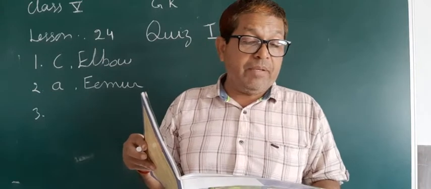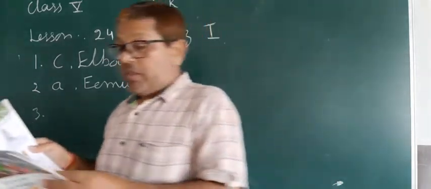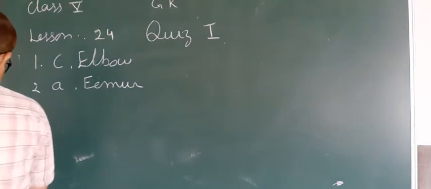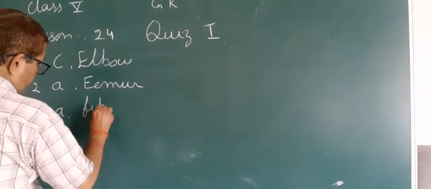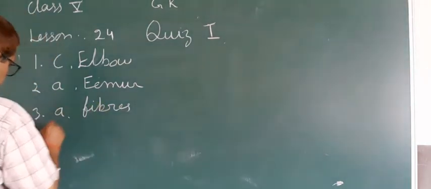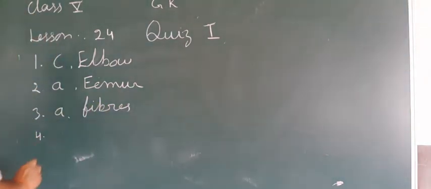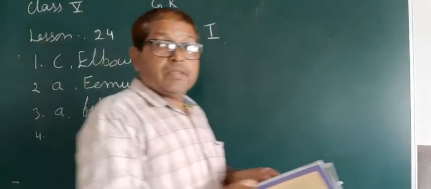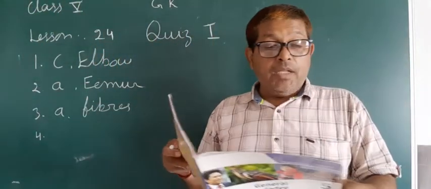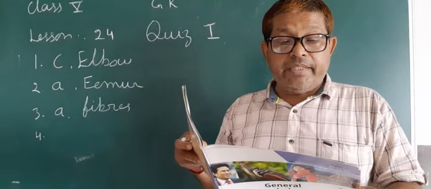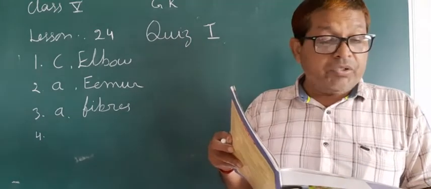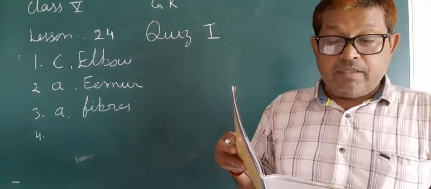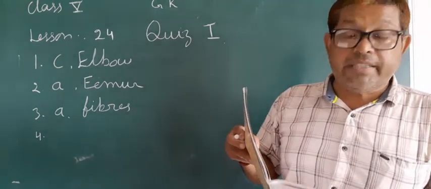So here fibers is the correct option. So third A. And fourth, how many bones are there in the skull of an adult human being? C, 33 bones. Fourth, C.